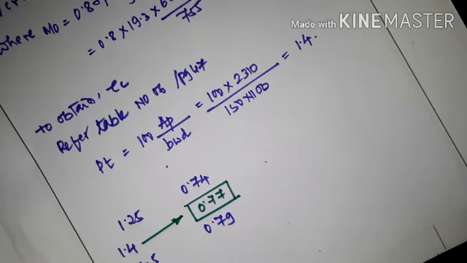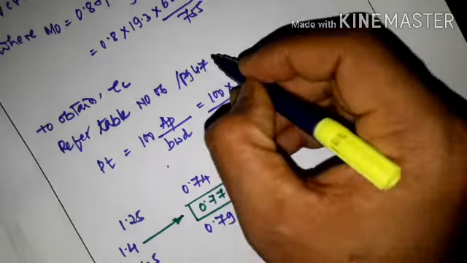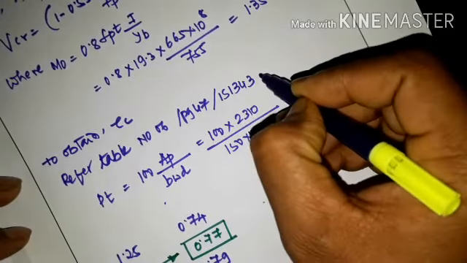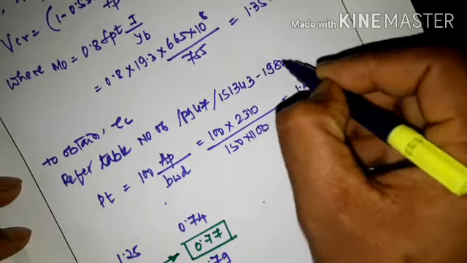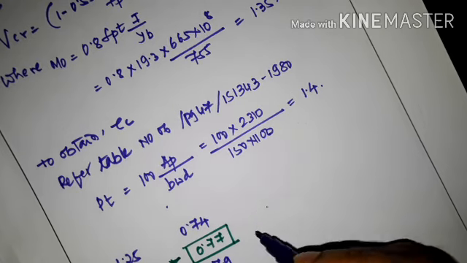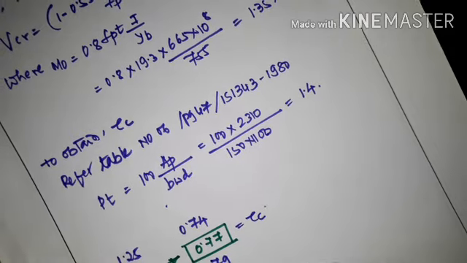This you have to refer from IS 1343 1980. This code is very important for prestressed concrete. So we got the value of tau c.